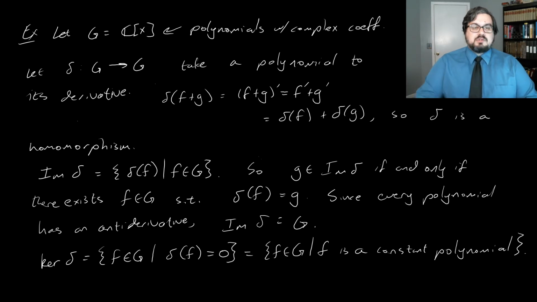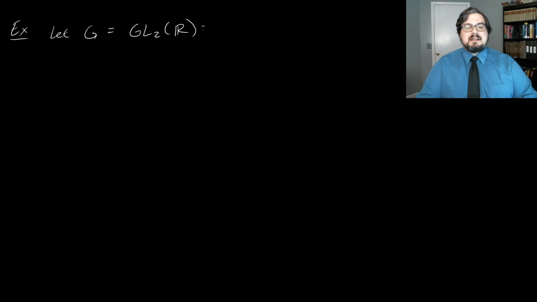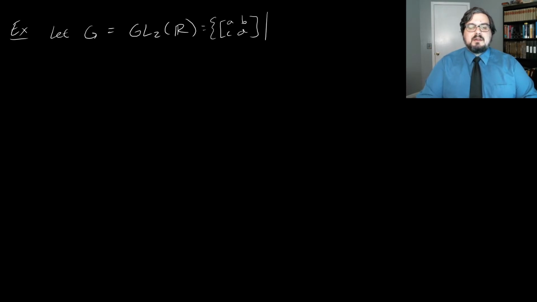All right, let's look at one where the operation is multiplication. Let's let G be the general linear group of matrices with real coefficients. Remember that this is the set of all matrices [A, B; C, D], where A, B, C, and D are real numbers and their determinant is not equal to 0.